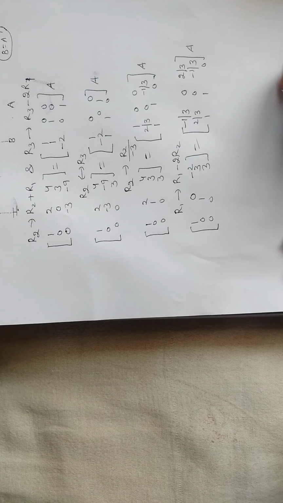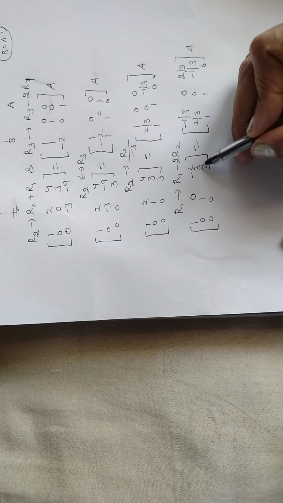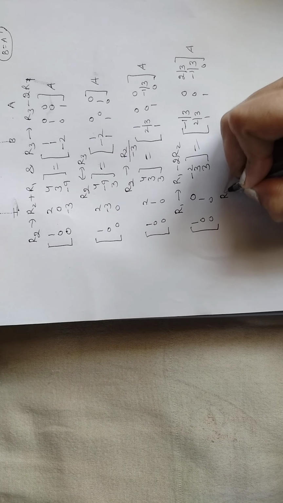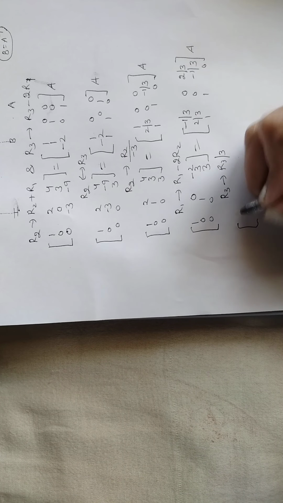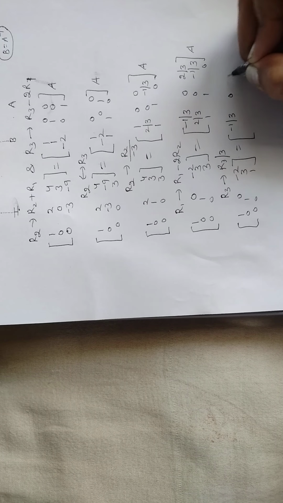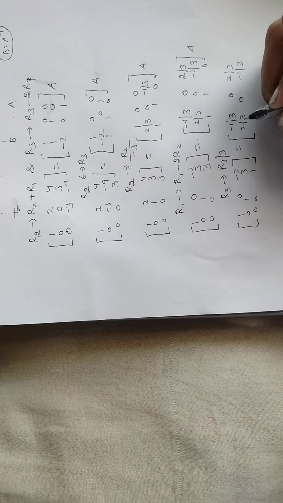Clear? Now is the turn of this third column. You have to make here 1. So you will divide this by 1. Clear? So R3 goes to R3 divided by 3. So it is 1, 0, minus 2, 0, 0, 1. This is 2 by 3, 0, minus 1 by 3.